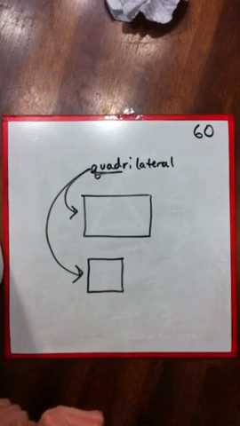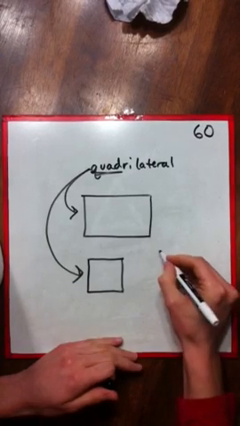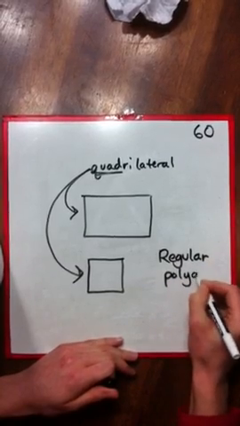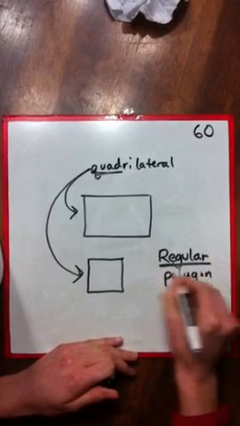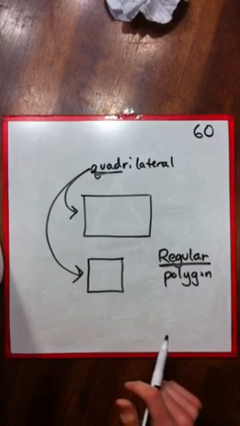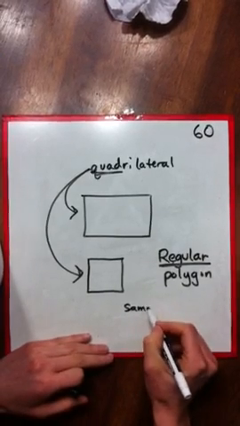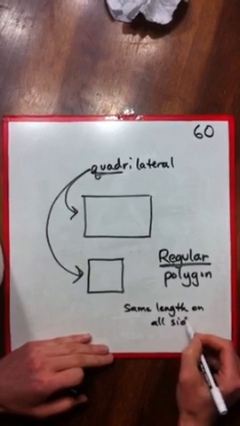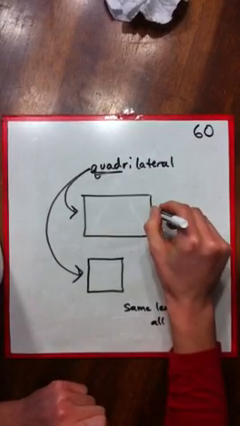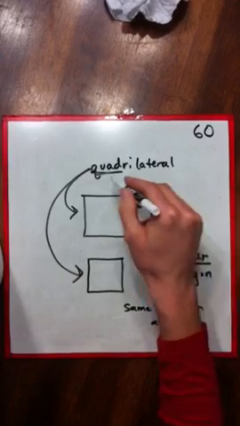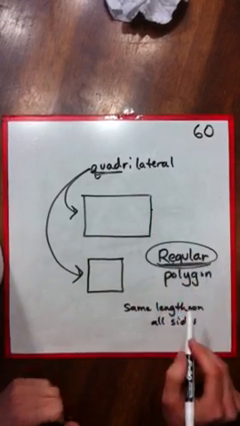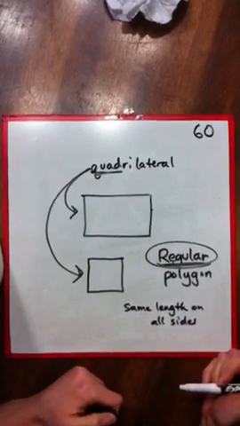Okay, now I want to talk to you about something that's called a regular polygon. When you see the word regular polygon, the word regular means that it has the same length on all sides. Okay, so would this rectangle or this quadrilateral be a regular quadrilateral or a regular polygon?